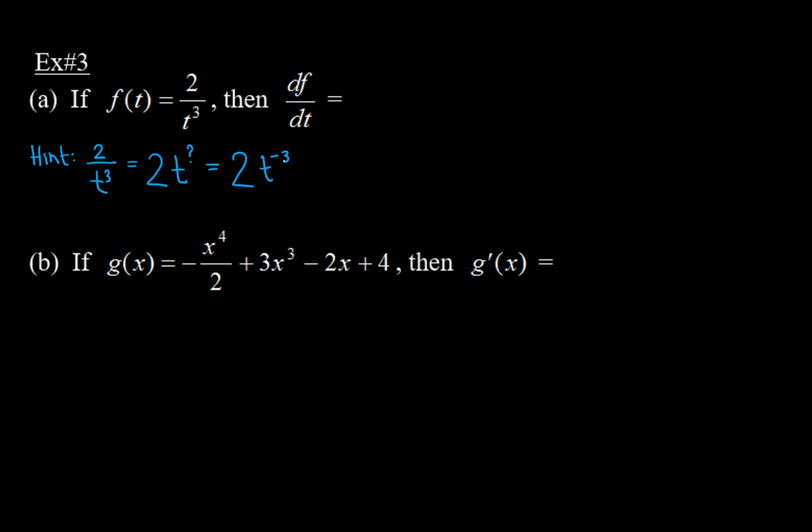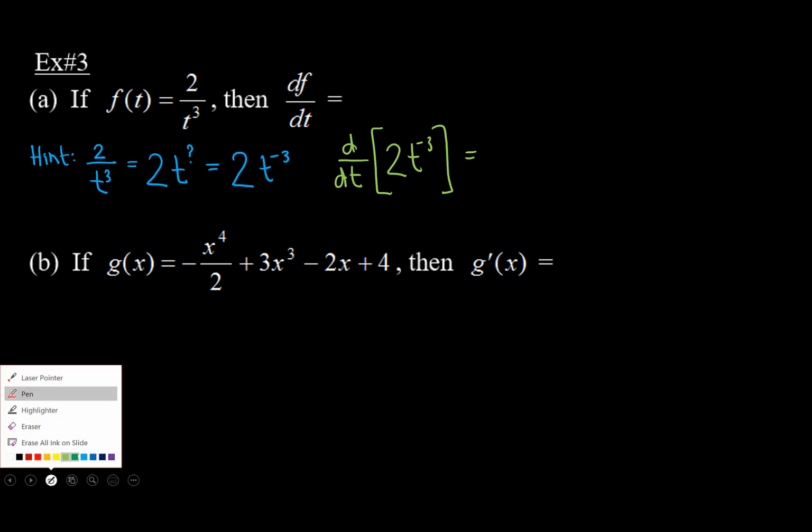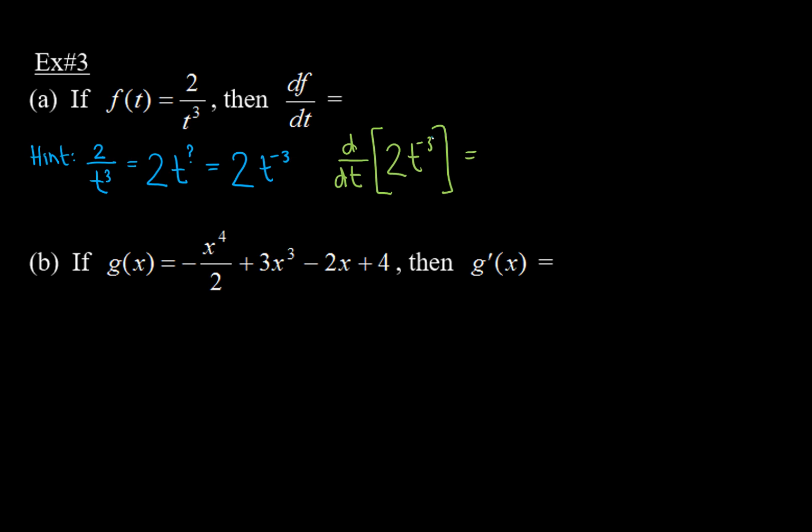Then I'm going to take the derivative of that. So I'm going to take the derivative with respect to t of 2 times t to the negative 3. Okay, so I'm going to take this power, and it's going to come down. And even though there's a 2 down there, I'm going to multiply them together.